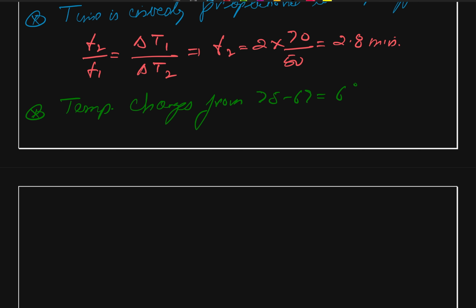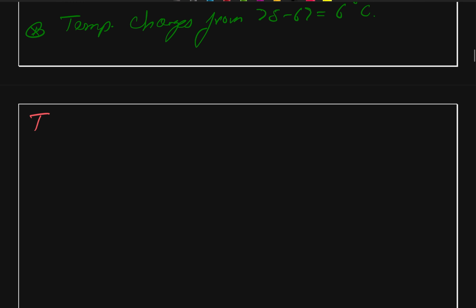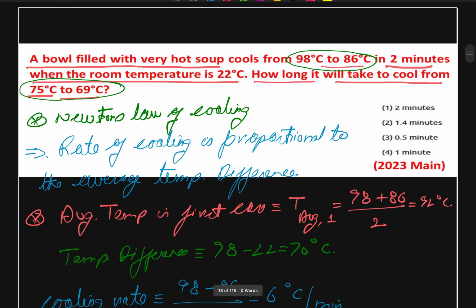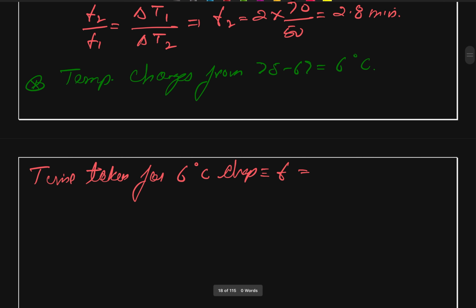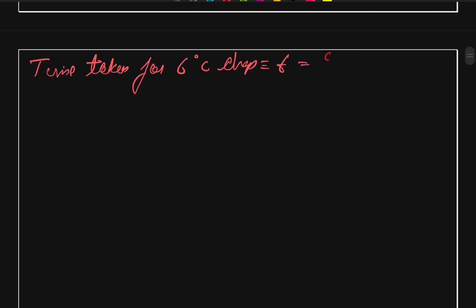This gives us a 6 degree centigrade drop. Therefore, the time taken for the 6 degree drop, let us suppose that is T, is equal to 6 by 6 times 70 by 50.